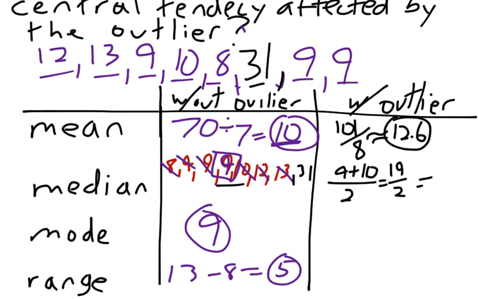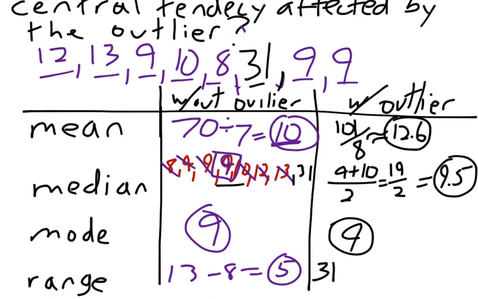And I should get 9.5. And then the mode stays the same, right? 9 occurs 3 times before, it occurs 3 times with and without. The range is going to be much different, right? We have 31 as our new highest number, minus 8 our lowest number, and we get 23.